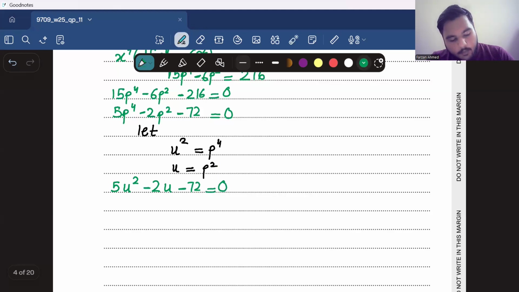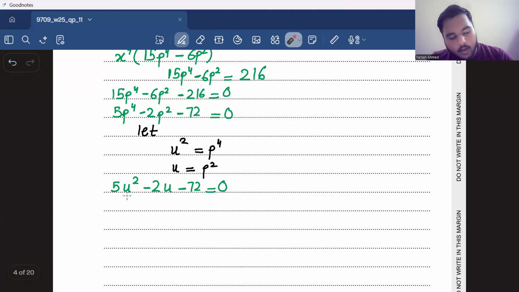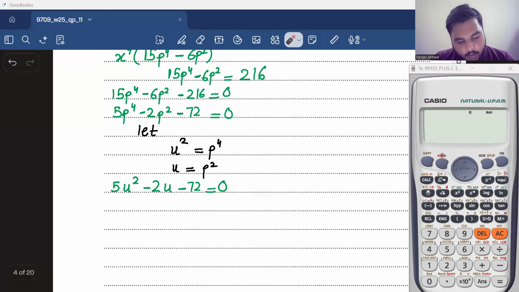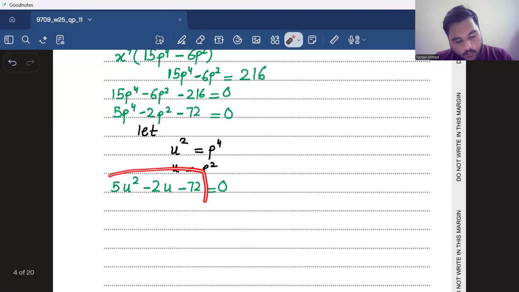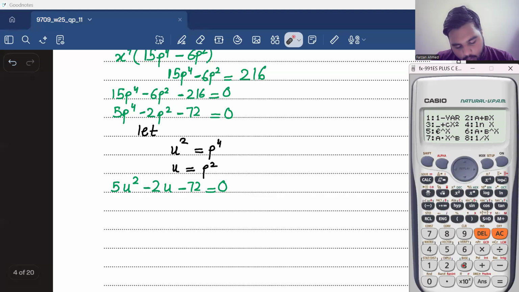Now for this, we will take out the calculator and solve this thing. We will go to the mode option, then the equation option, and press this. This is the equation form.